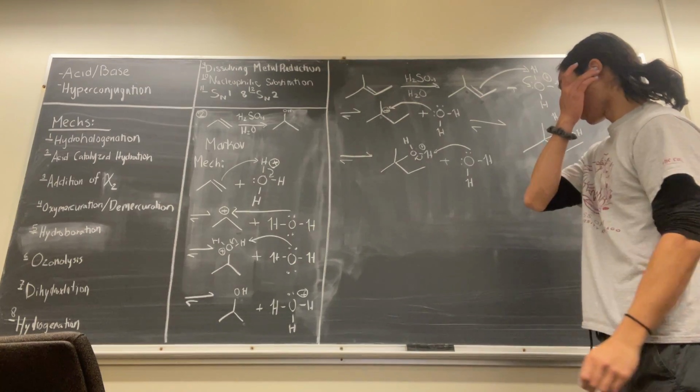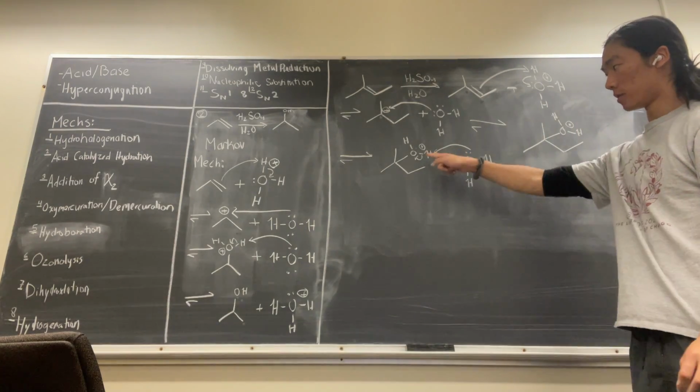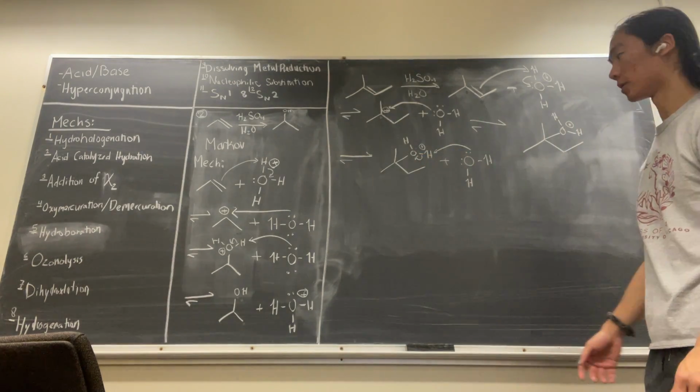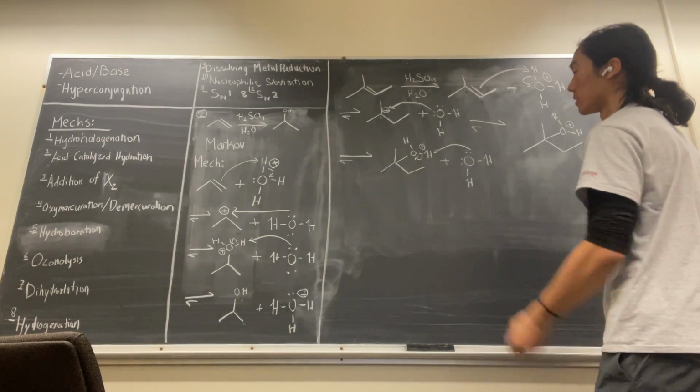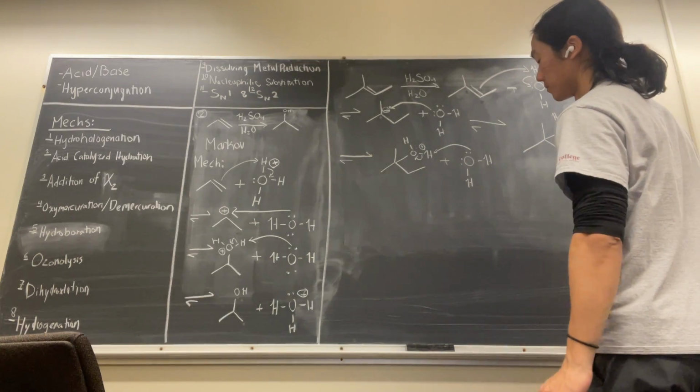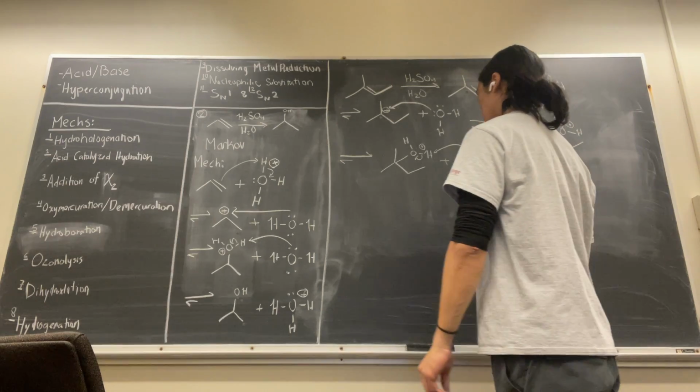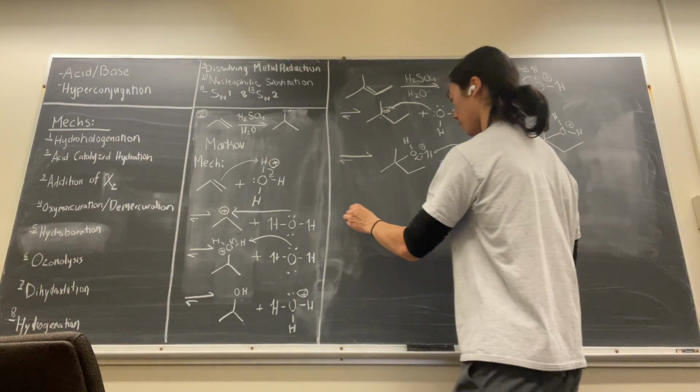A bond pair on this oxygen is going to take that hydrogen. This bonding pair goes over to the oxygen, stabilizes it, gives it a neutral charge, which is ideal. And now we have our product.